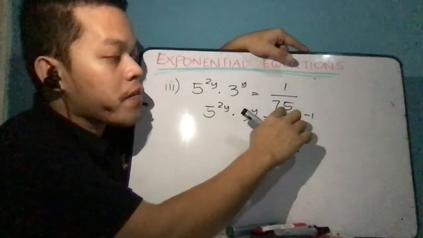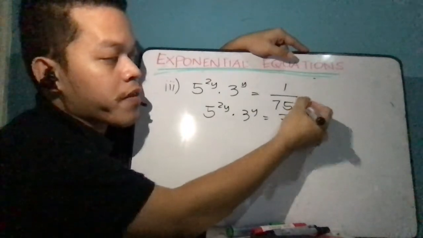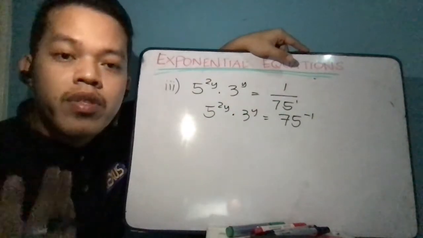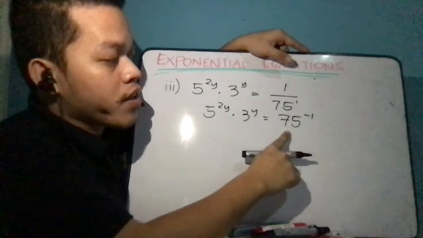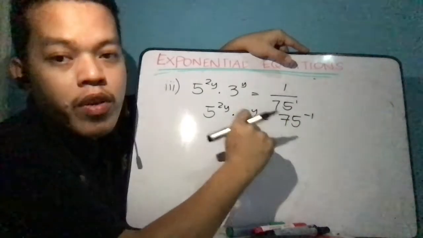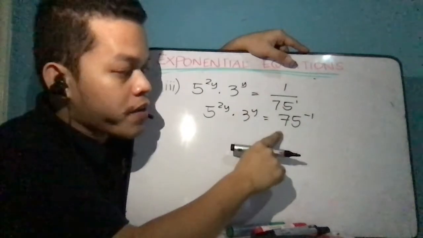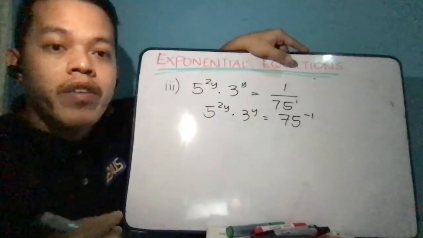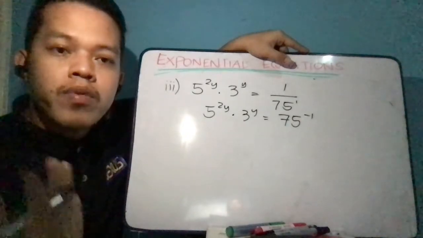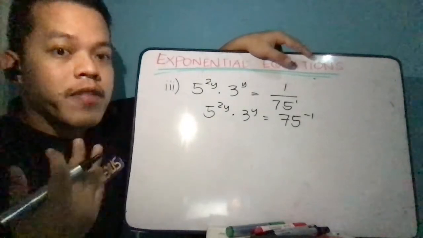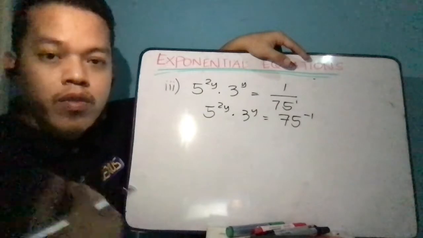Now, 75 is our base and the exponent of 75 is 1. So when we use the definition of negative exponents, we can transform 75 to the negative 1 from 1 over 75, because 75 is the reciprocal of 1 over 75. Now, observe this one. Remember, you can always use the laws of exponents vice versa, or backwards.